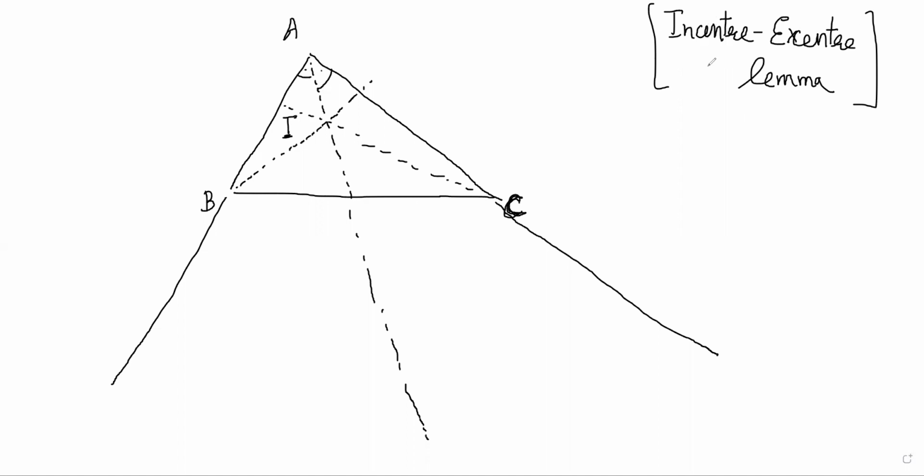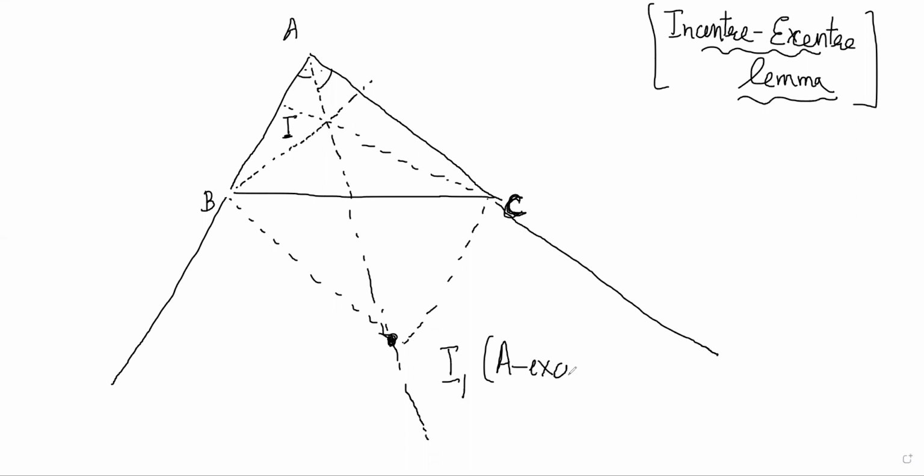I thought we discussed this stuff, right? So basically we have two circles. One is I, B, C, and that bottom one, this circle, let's call it I1 maybe. This is the A-excircle, the excenter, right?